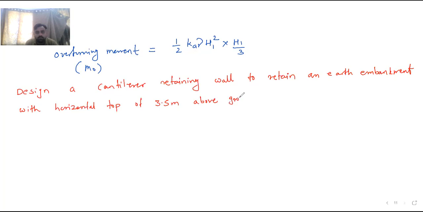So from ground level, the height is 3.5 meter above ground level.